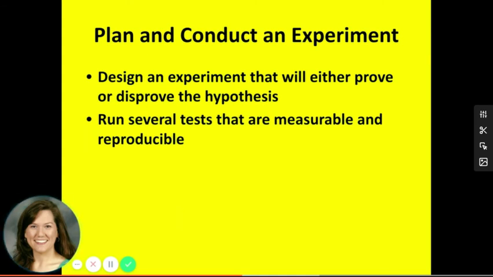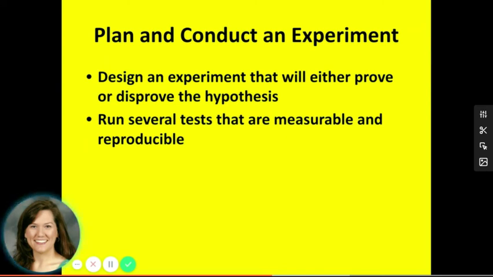Fourth step, plan and conduct an experiment. Sometimes this is split up into two. Plan the experiment, then conduct the experiment. I like to add it all into one. So you would design an experiment that would either prove or disprove the hypothesis. You would probably have several steps. You would have some things that we're going to talk about later this week when we talk about parts of an experiment.